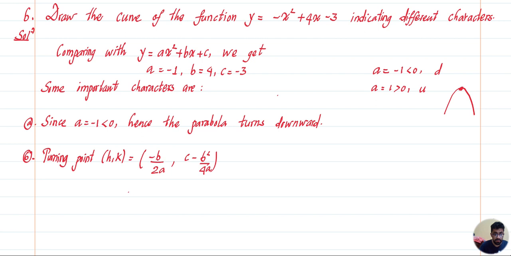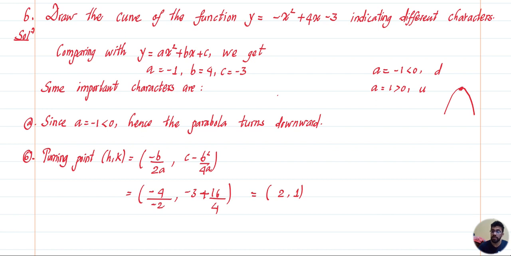So what is the value of b? Minus 4 upon 2 times minus 1, that is minus 2, comma minus 3 minus 16 upon 4 times minus 1, that is minus 4. So this minus becomes plus, and its value is 2 comma 1, and this is the turning point.